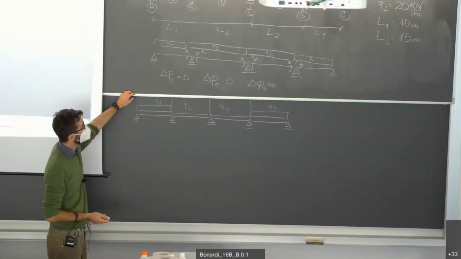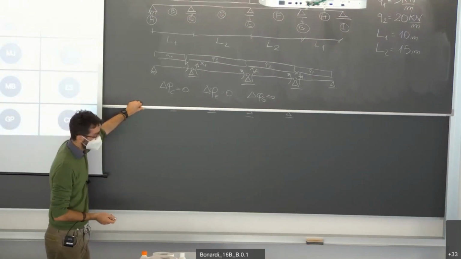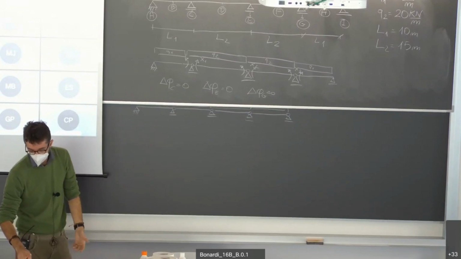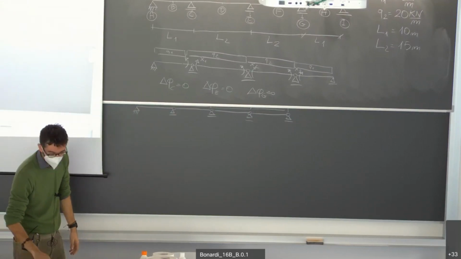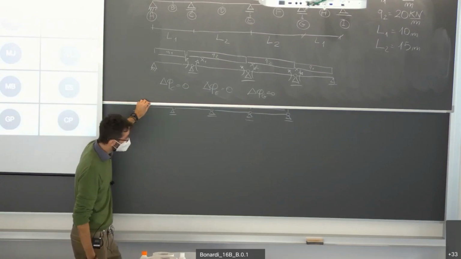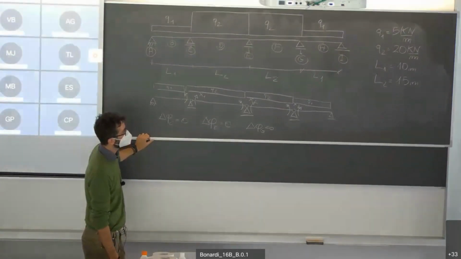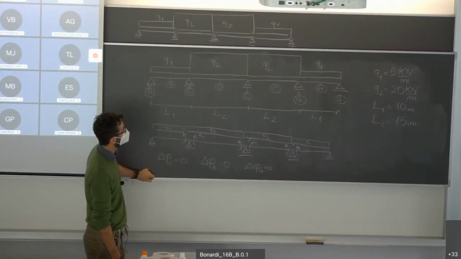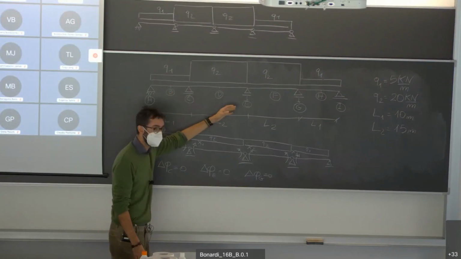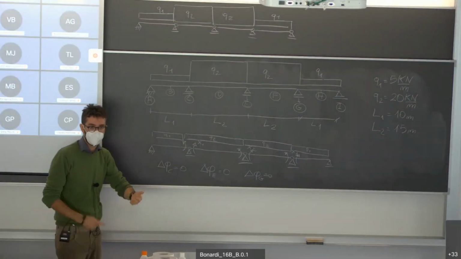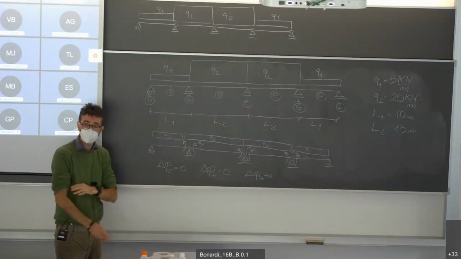Please consider that this can be, for example, a lively footbridge. In Italian, it's una passerella pedonale. We always have to consider different load conditions when we do some computation, when we design the structure.